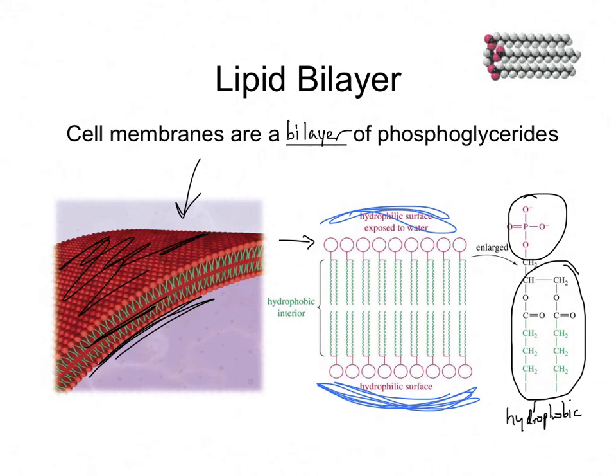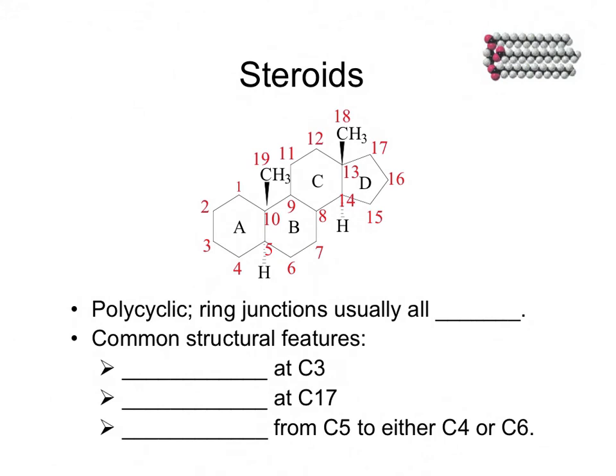Next, we get to steroids. Steroids are one of the easiest things to recognize of the kind of molecules that we'll be looking at. They are polycyclic, and it is essentially 3 6-membered rings fused together. There's 1, there's 2, there's 3, and a 5-membered ring fused at the end.